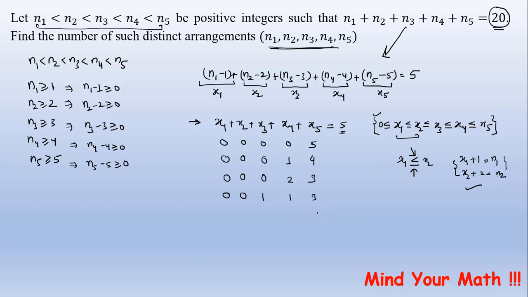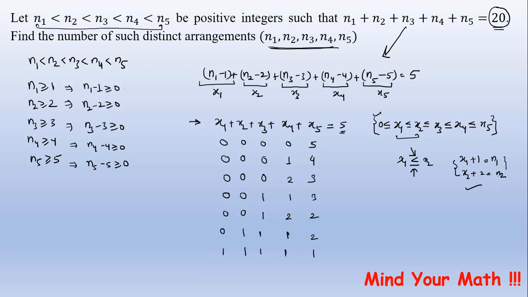Similarly, further, we can have 2, 2, 1, 0, 0. Next possibility is 2, 1, 1, 1, 0. And the only last possibility is 1, 1, 1, 1, 1.